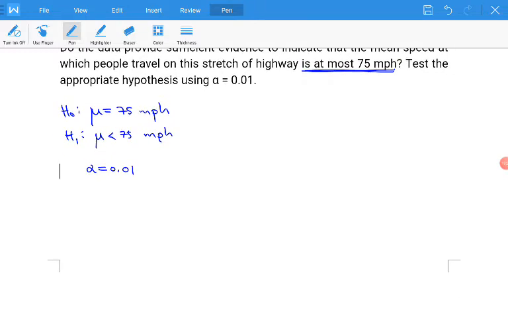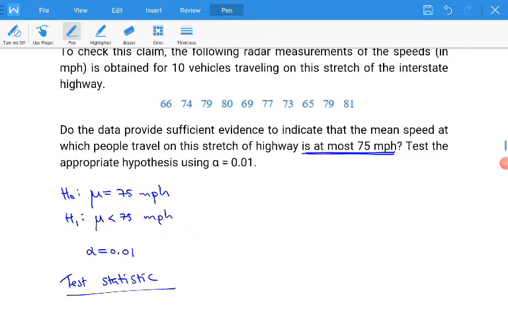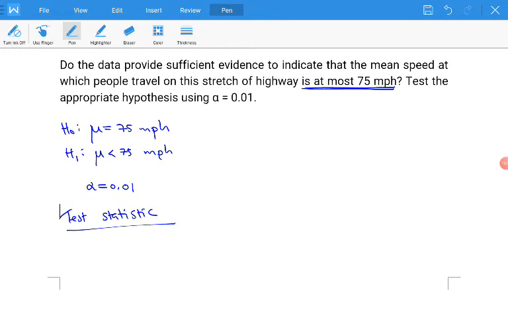So we go on to calculate the test statistic. For the data that we are given, we need to find the mean. So x bar is equals to summation x over n, which is equals to 743 over 10.